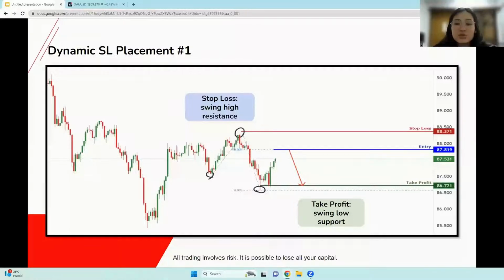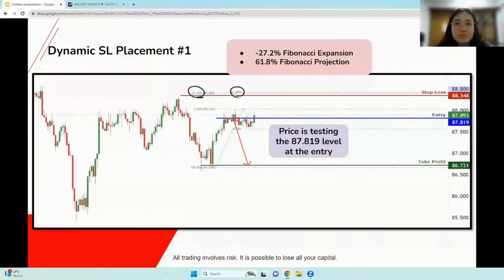And we're expecting it to reverse off of our entry at 87.819, which is also in line with this 100% Fibonacci projection level. If we're thinking of where to place our stop loss, it's over here at the swing high, which is also in line with the minus 27.2% Fibonacci expansion, as well as the 61.8% Fibonacci projection.